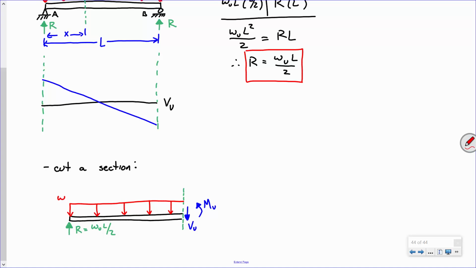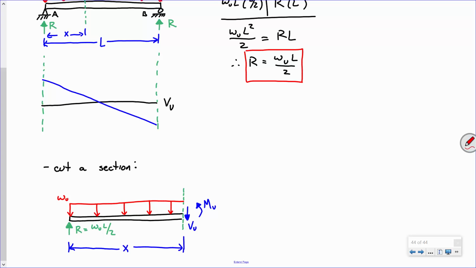Now this distributed load is W sub U, and that distance is x. Y'all remember this stuff? We've done it. I know we have. All right. Sound good?